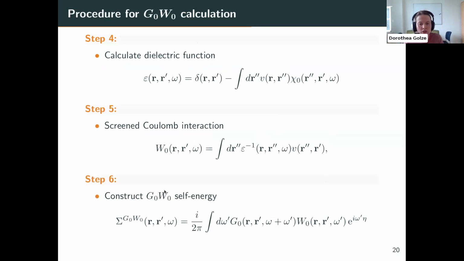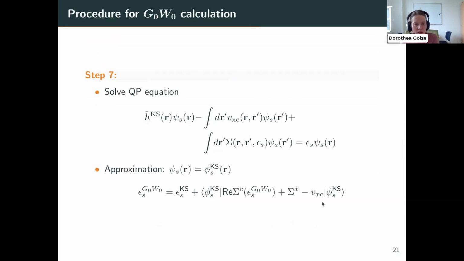We can then construct the GW self-energy, as I have written before, by solving these frequency integrals over G0 and W0. This would be the full quasi-particle equation. What I had on the previous slide was already an approximation.